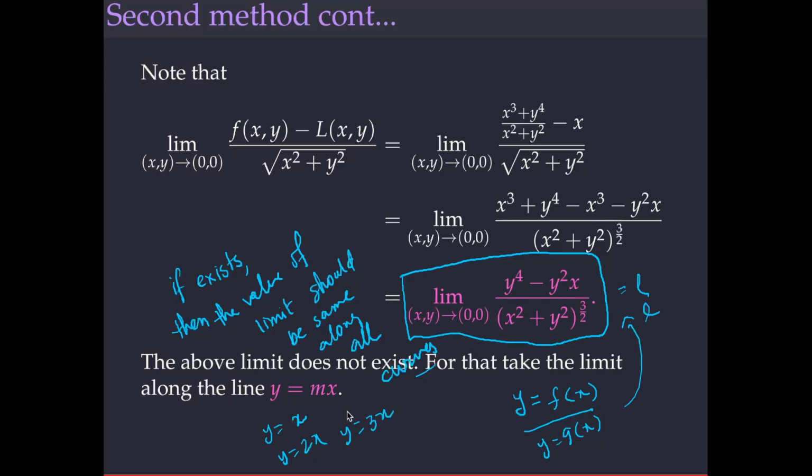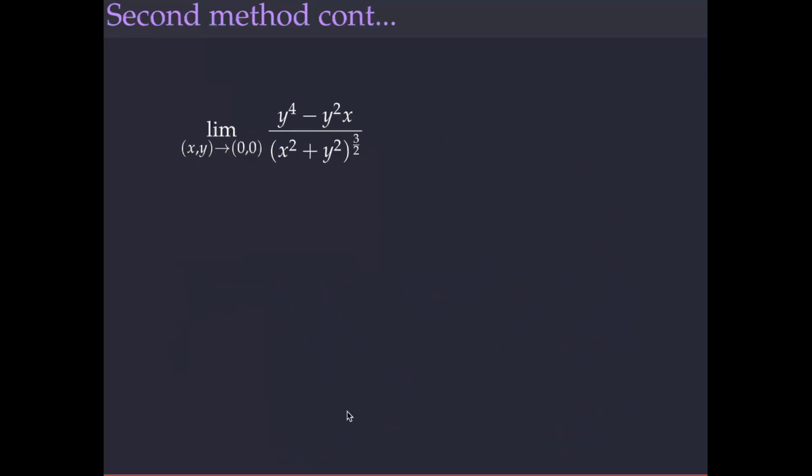For all these values, the limit should be the same. Okay, so let's see at y equals mx what is the value. We were trying to compute this limit. If you substitute y equals mx, then since (x,y) tends to 0, it means that if x tends to 0, then y will automatically tend to 0.